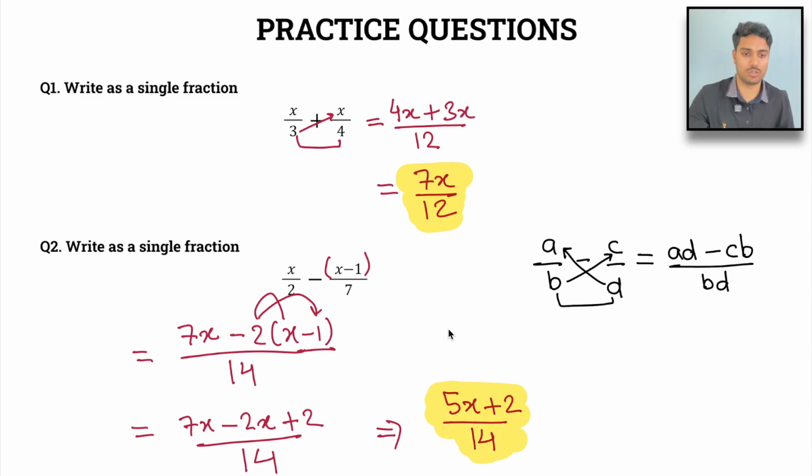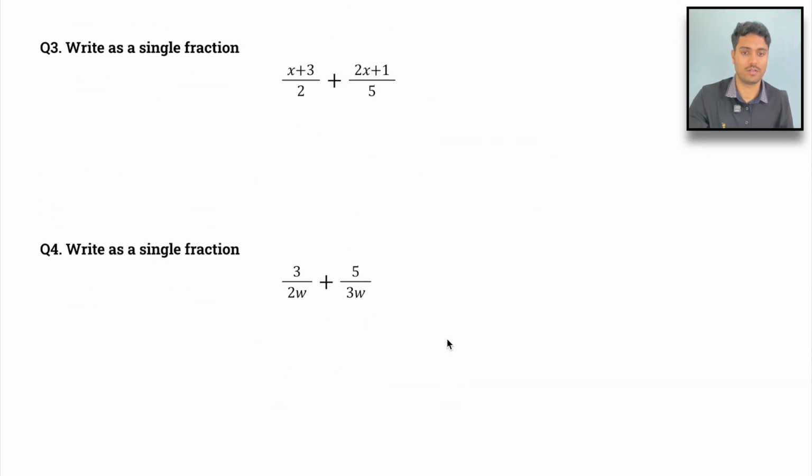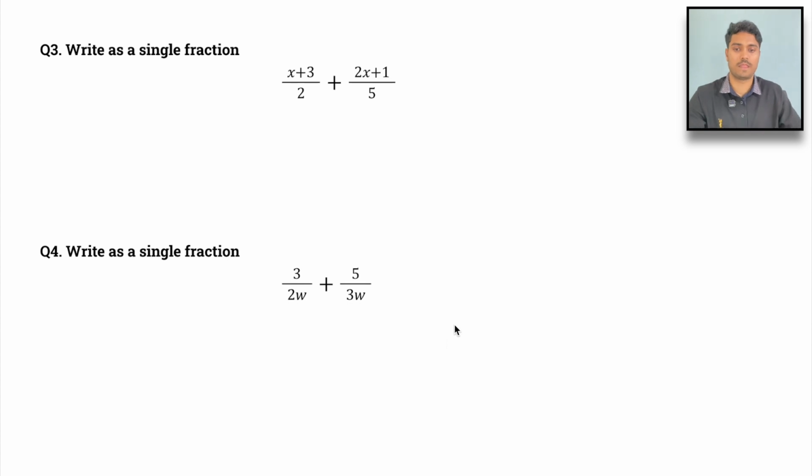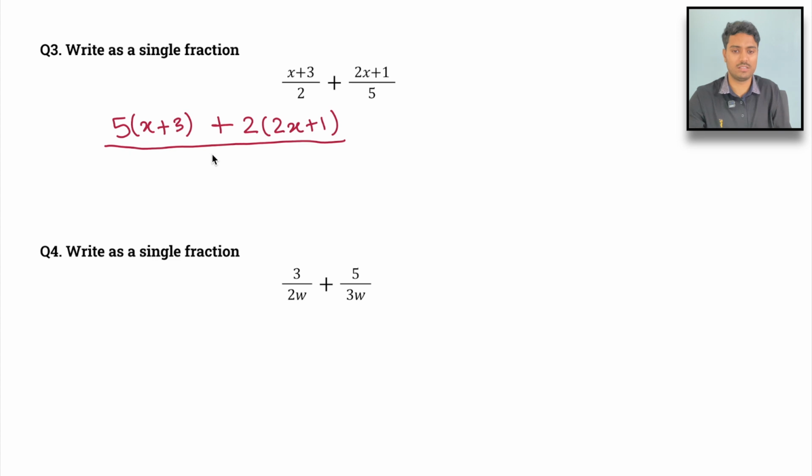Let's check. Question number 3: we have x plus 3 by 2 plus 2x plus 1 by 5. The process remains the same. So we'll multiply x plus 3 by 5: 5 multiplied by x plus 3, plus 2 multiplied by 2x plus 1, whole divided by 2 into 5, that is 10.